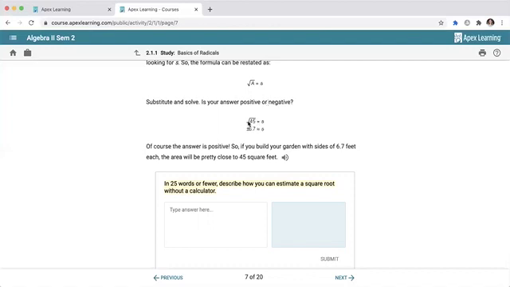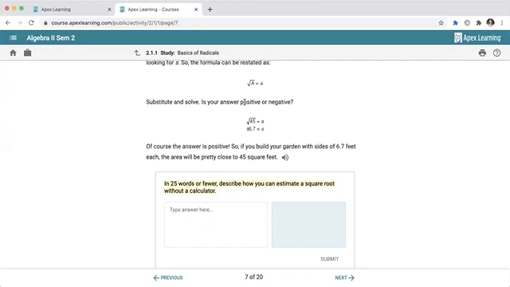I immediately think 7, because 7 squared gives me 49. That's pretty close to 45 here. So I know that I'm close to 7, on the underside of 7, so I'm going to be close to 6.